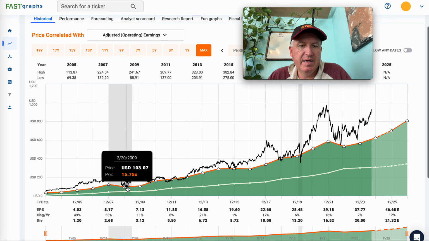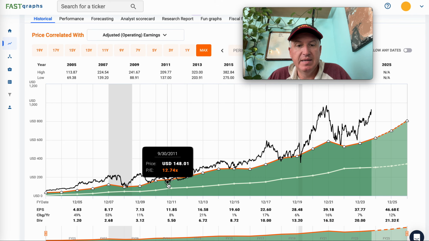And now remember it was growing a lot faster going into, it grew 53% in 2007, right? So it had a lot faster earnings growth going into that decline, and it still traded down to a 14 PE. And then in 2011, again, it's down below a 13 PE, right?